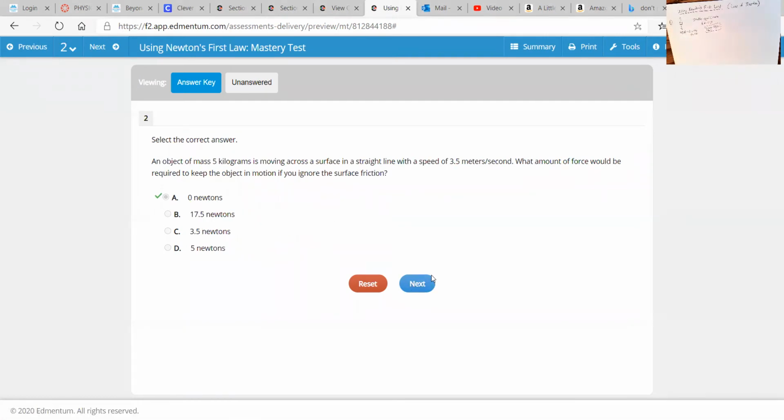An object of mass 5 kilograms is moving across a surface in a straight line with a speed of 3.5 meters per second. What amount of force would be required to keep the object in motion if you ignore the surface friction? So like the last problem, it's in equilibrium, but not static equilibrium. This time we have an object in dynamic equilibrium.